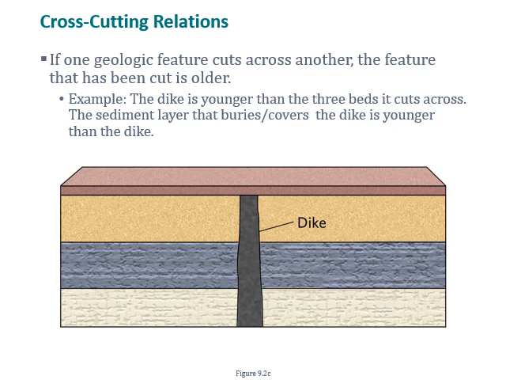Thus, the dike must be younger than the 3 sedimentary layers on the bottom of the figure. However, the top reddish-brown layer was not cross-cut by the dike, so this layer actually must be younger than the dike. This is cross-cutting relations.